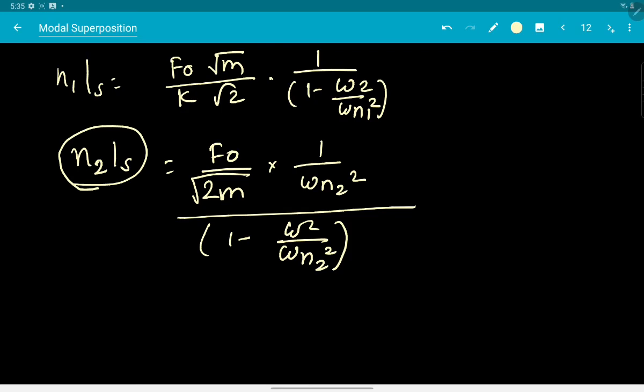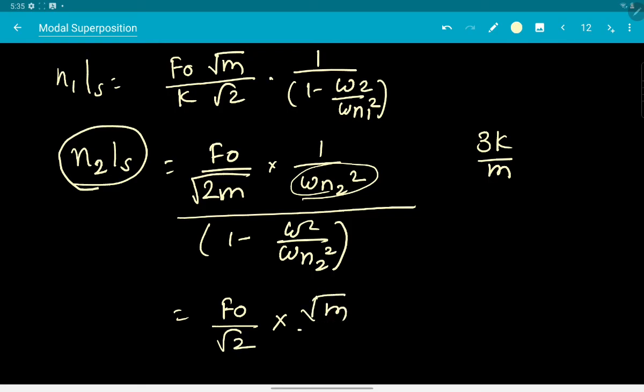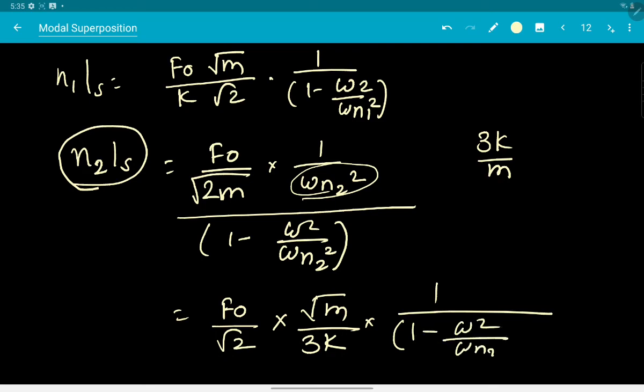Now omega n2 square, you know, is equal to 3k by m. So you'll be putting that value over here, and you get square root of m here and 3k here, and then you will have 1 minus omega square by omega n2 square.